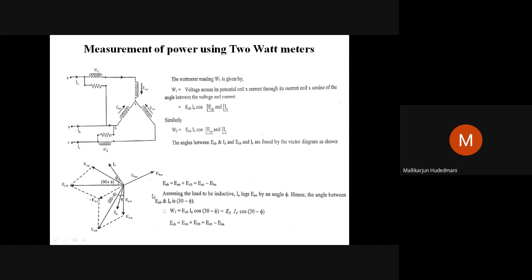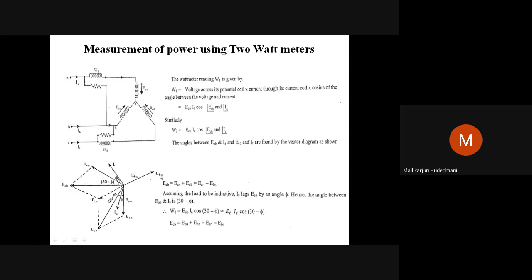Now this vector is assumed to be rotating in anti-clockwise fashion. When EAN goes, ECN, like this way, it comes back. It means this is rotating. So it is lagging behind this. So when it is lagging behind this, definitely I can look forward. Angle is phi.